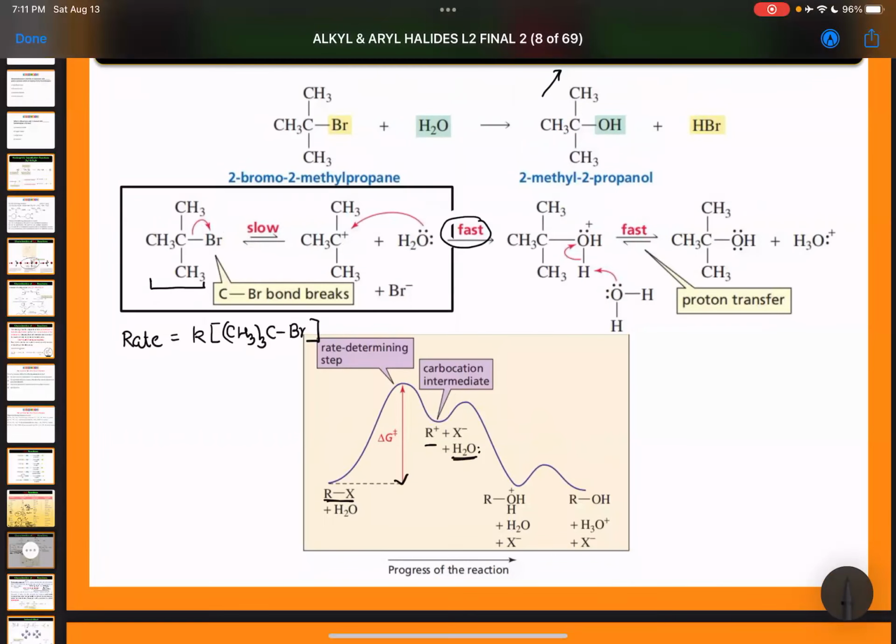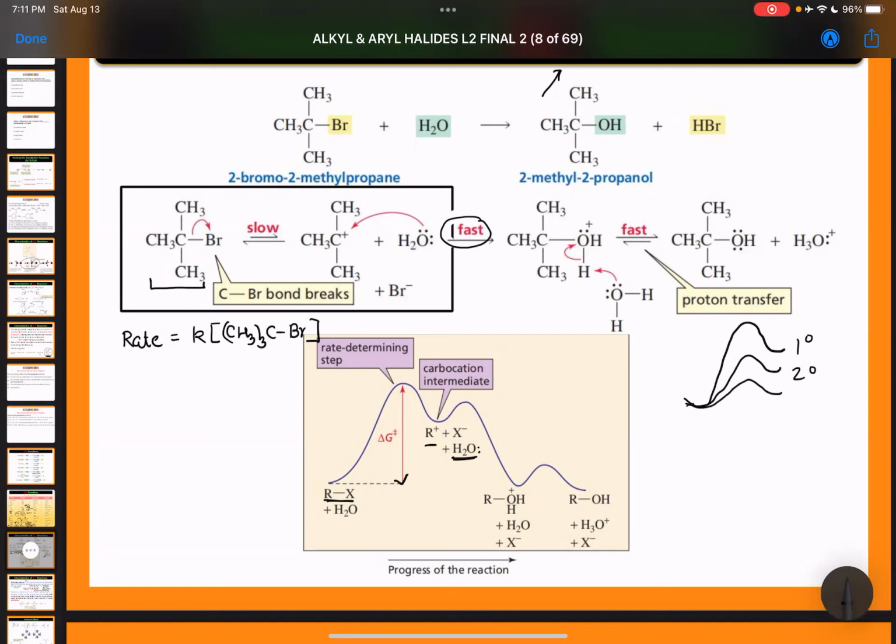Suppose the carbocation formed is 1 degree. 1 degree means primary, it has only one alkyl group. If the carbocation is 2 degree, it has two alkyl groups which are a bit more electron donating and will tend to stabilize the carbocation.